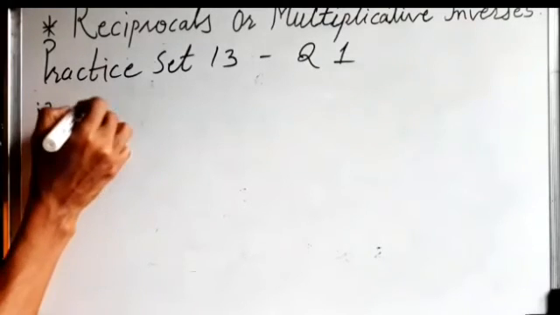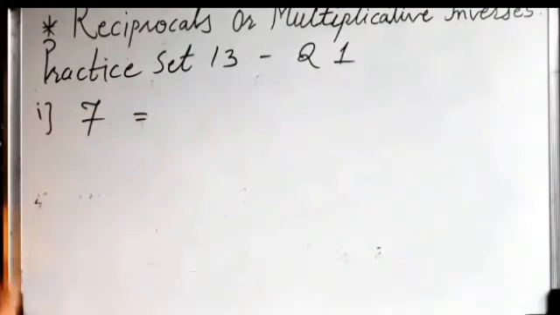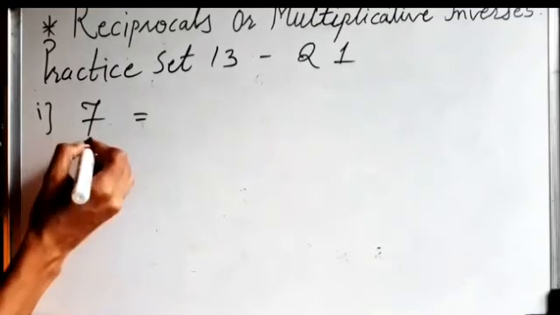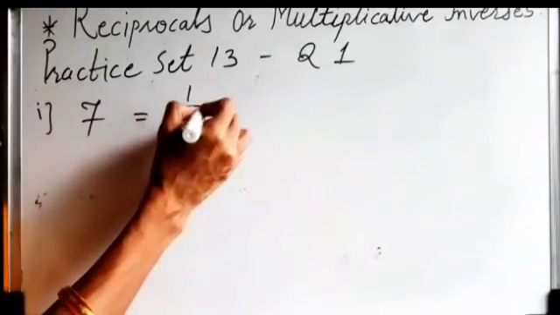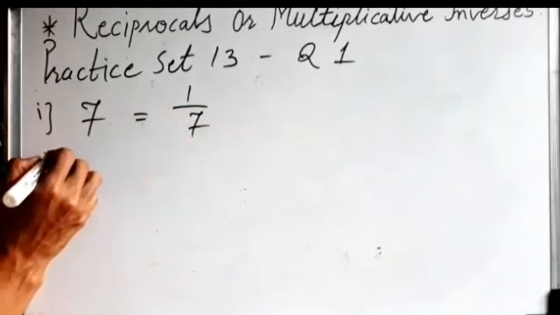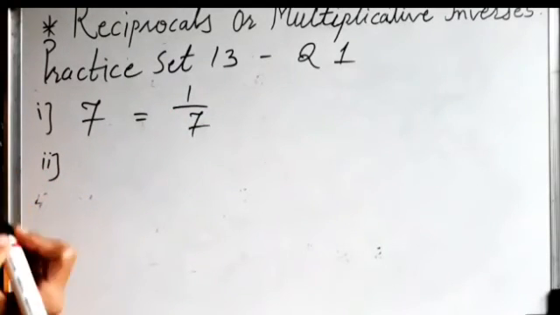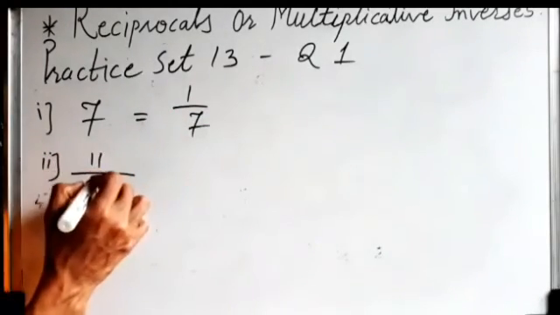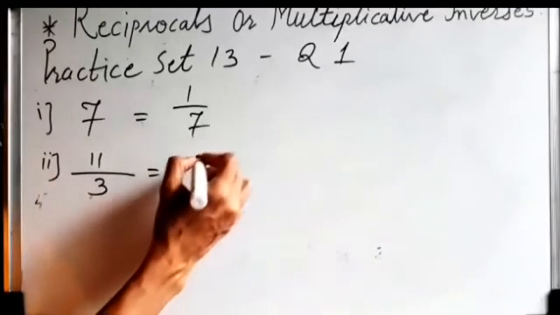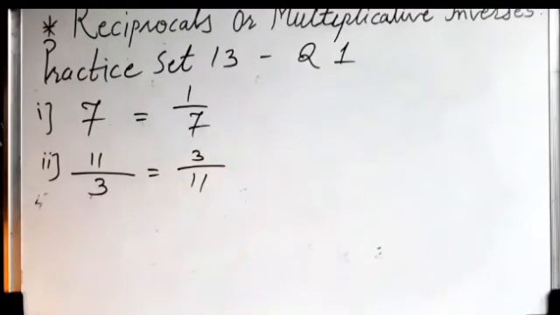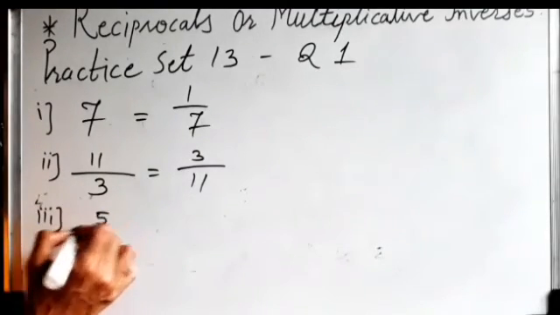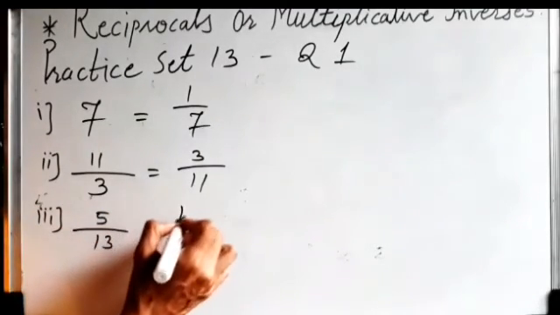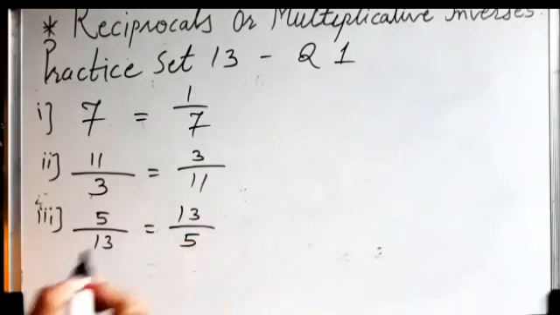First, 7. Reciprocal of 7, what will come? Here the denominator is 1, 7 upon 1, the reciprocal is 1 upon 7. Just exchange the numerator and denominator place, that's it. 11 upon 3, what will be the reciprocal? 3 upon 11. Then 5 upon 13, it will be 13 upon 5.